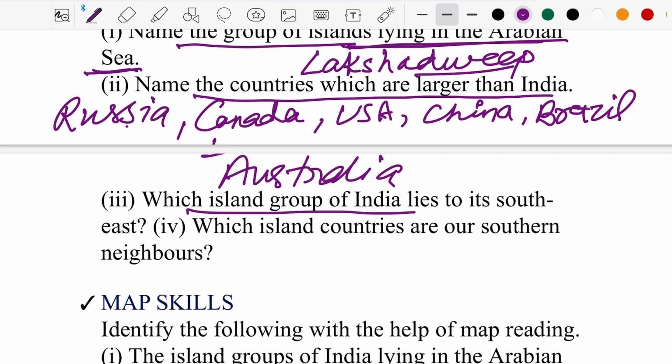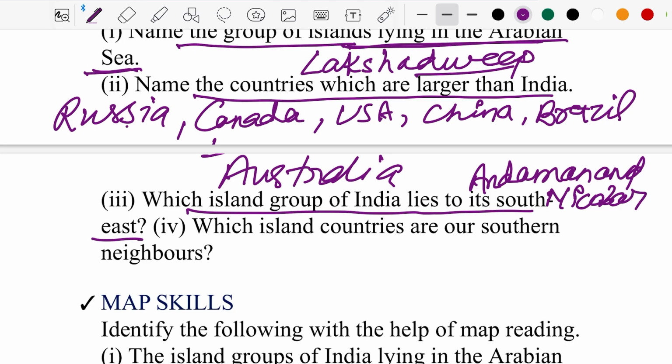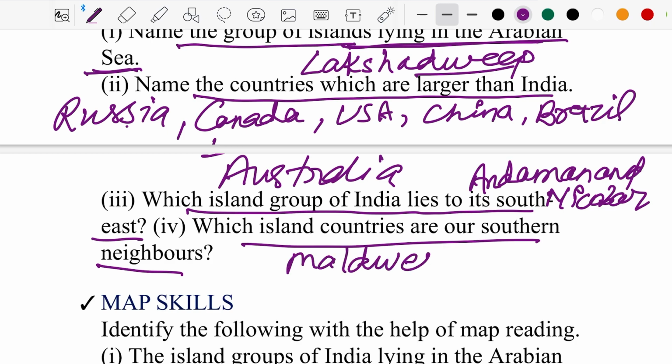Which island group of India lies in the southeast? If it talks about the southeast, it is Andaman and Nicobar. Which island countries are southern neighbors? The southern neighbor countries are Maldives and Sri Lanka.